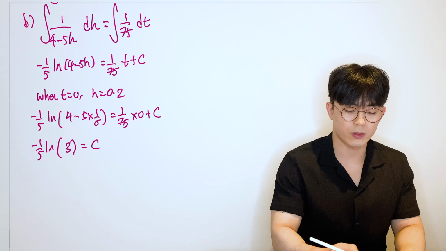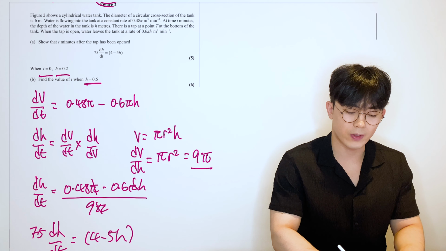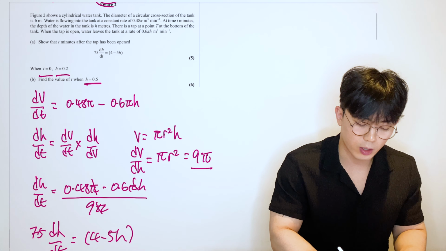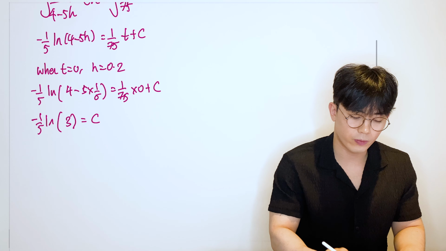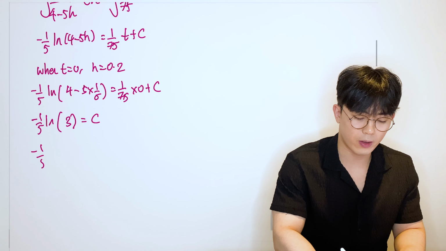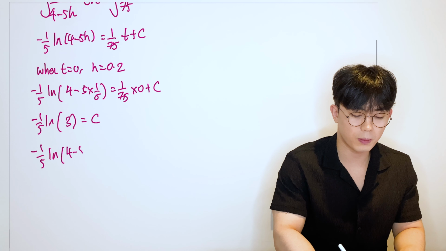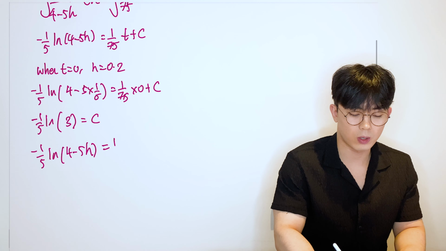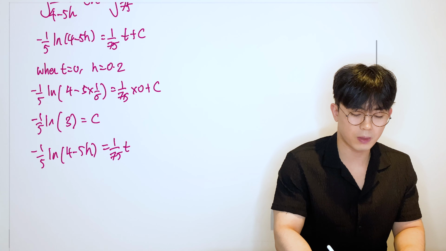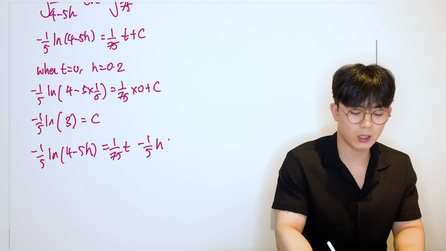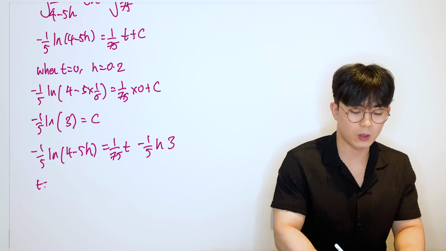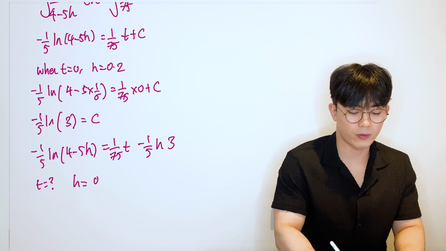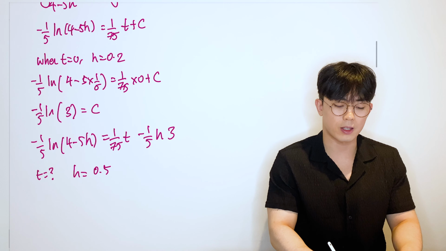Right, so I can now rewrite it. Now they're asking us to find the t value when h is 0.5. So our equation is minus 1 over 5 ln of 4 minus 5h is equal to 1 over 75 t minus 1 over 5 ln 3. And they're asking us what is t when h is 0.5, so I'll just plug it in to get my t.